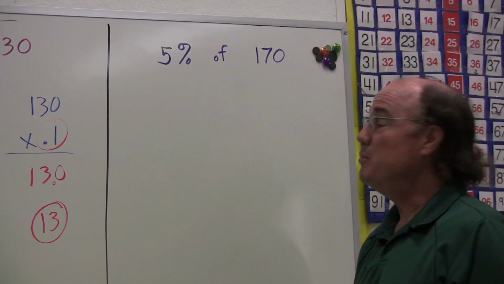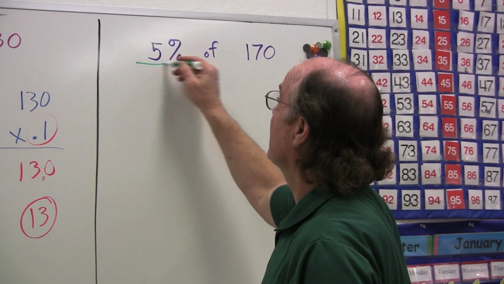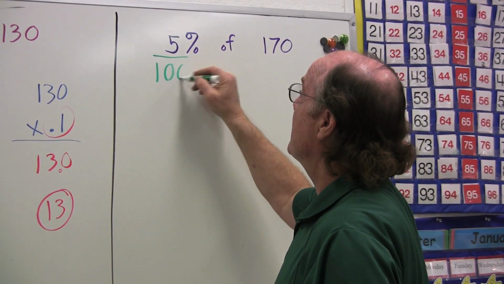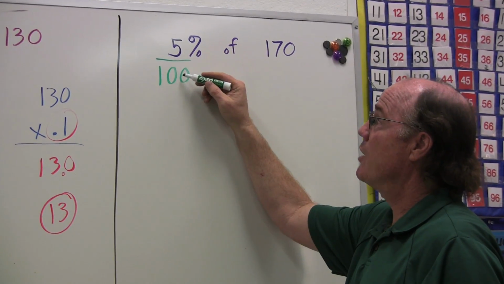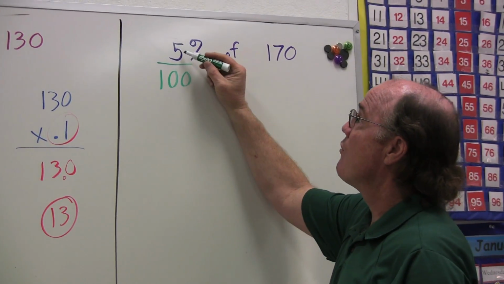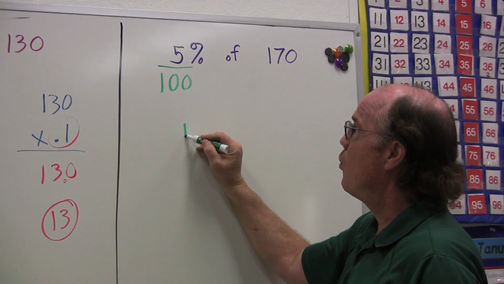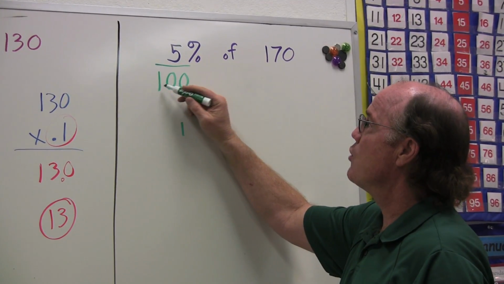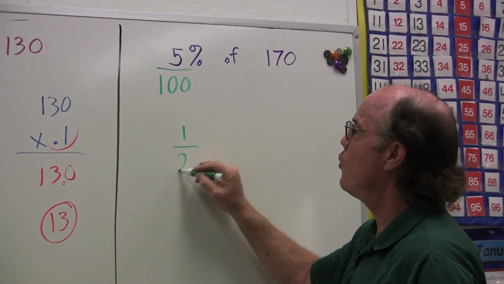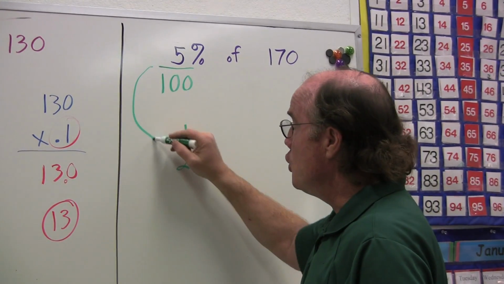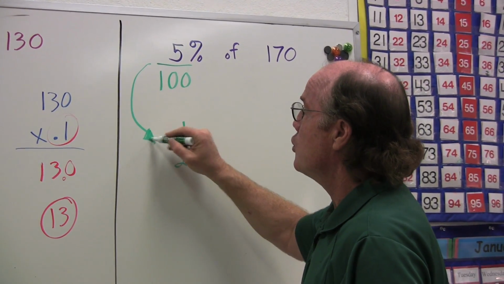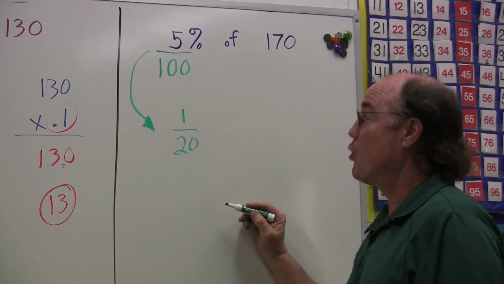Now, this one's a little bit tricky. If I want to take and convert this into a fraction, 5/100, now let's remember, 5 goes into 5 once, 5 goes into 100 20 times. First of all, if you're going to use a fraction, you have to be able to do this correctly.